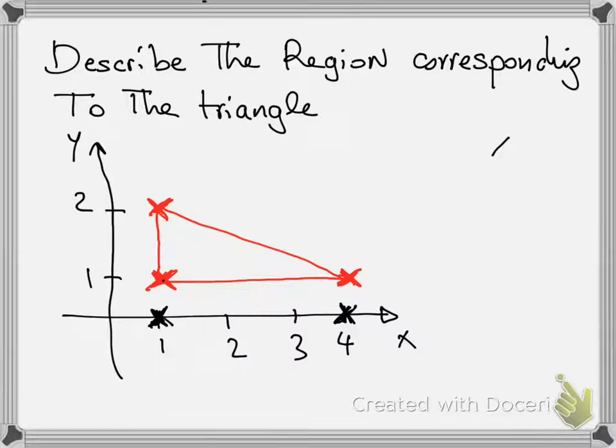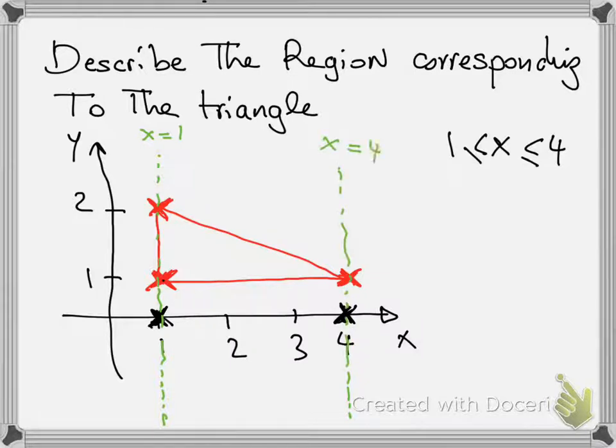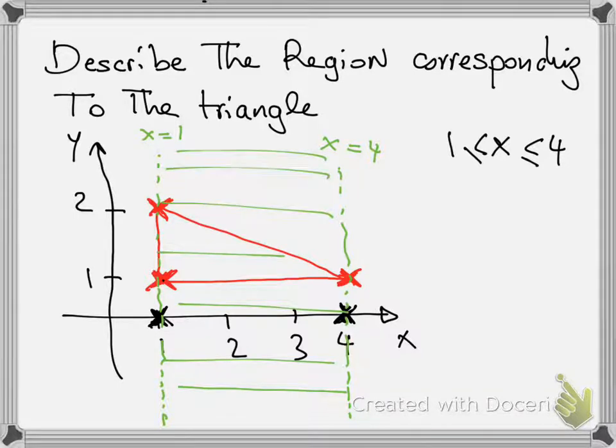So x between 1 and 4 means the region between the lines x equal to 1 and x equal to 4. Of course, you don't get the triangle here, you get the region between those two lines.